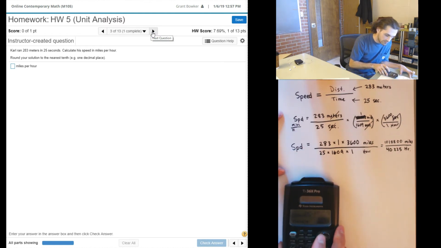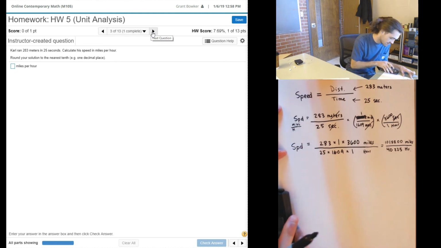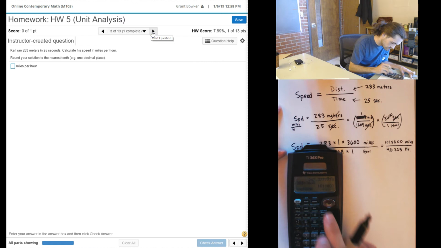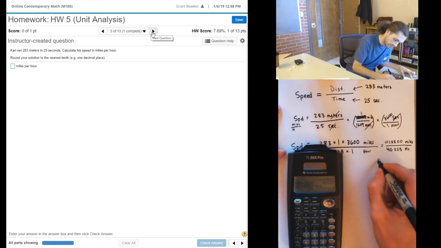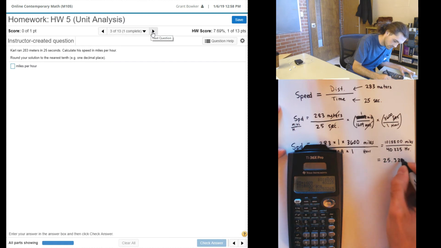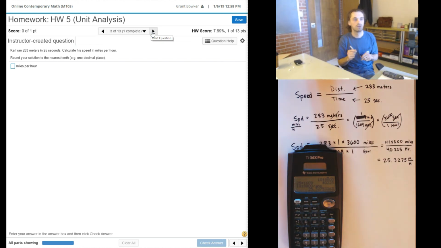Now we're getting there, but recognize miles per hour represented in this way does not mean a whole lot. So let's finish this one through by taking our numerator, dividing by the denominator to get 25.3275 miles per hour. And we are told round your solution to the nearest tenth.